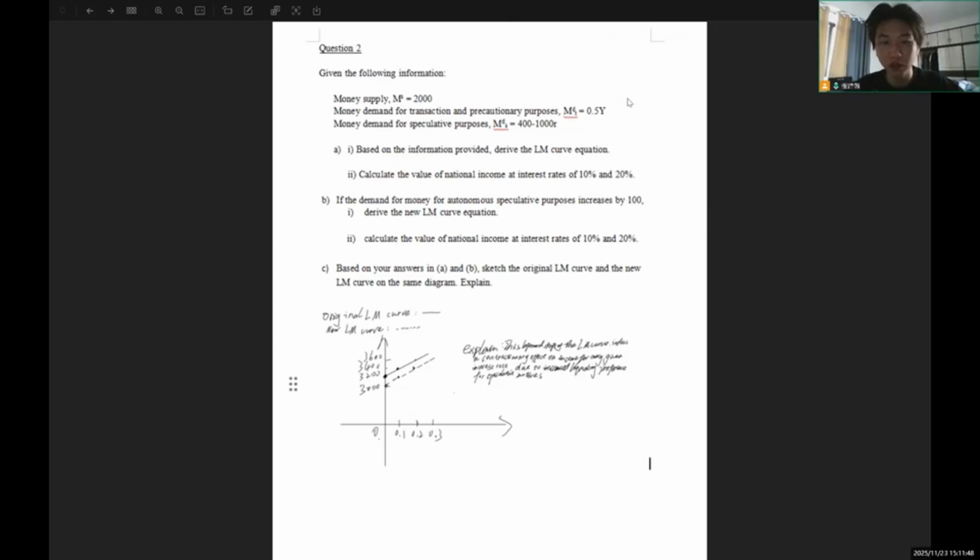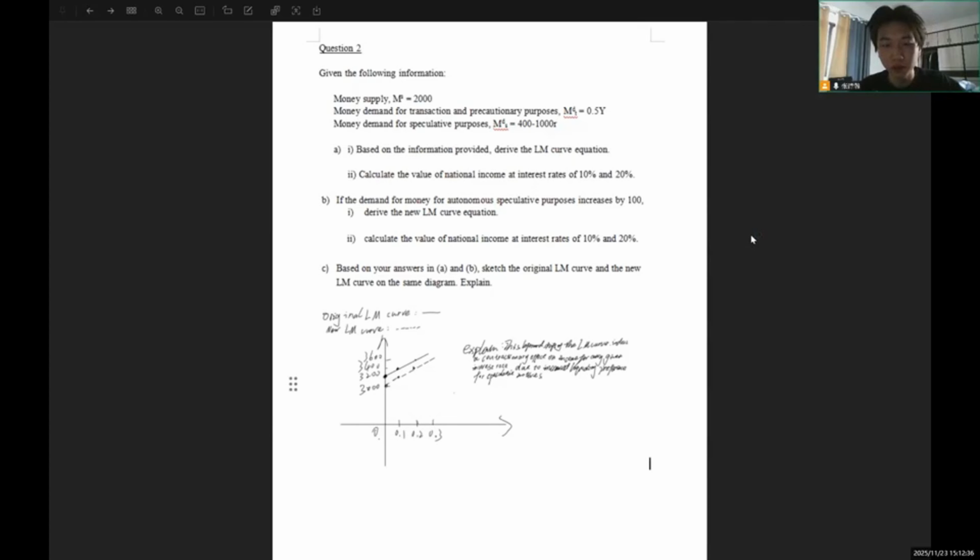The original LM curve is Y equal to 3200 plus 2000R, showing a positive relationship between national income Y and the interest rate R. At R equal to 10%, Y equals 3,400, while at R equal to 20%, Y equals 3,600.